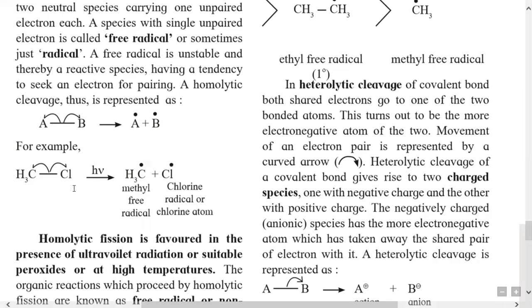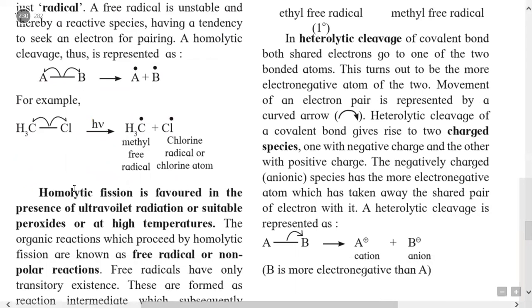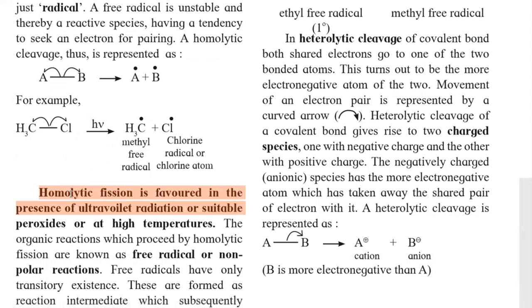Here it is very important that this homolysis takes place in the presence of a catalyst, the symbol given for sunlight or UV light as h nu. So this homolysis takes place in the presence of sunlight or ultraviolet light. Homolytic fission is favored in the presence of UV radiation, suitable peroxide, or at high temperatures.